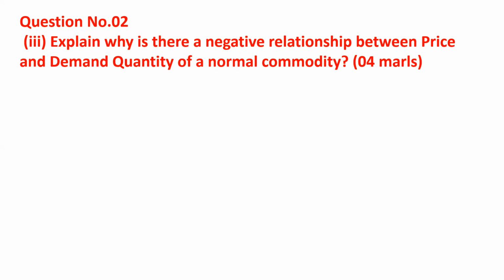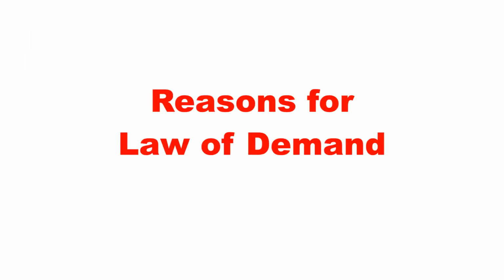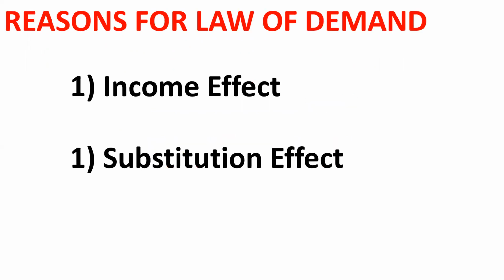Or else the question asks about reasons for the law of demand. We have learned there are 2 reasons behind it: income effect and substitution effect. Let me explain what the income effect is and how it creates a negative relationship between price and quantity demanded.